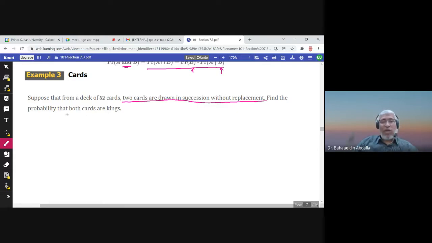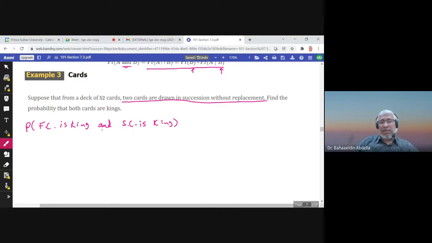So both cards are kings means what? Means king at the first. Okay, the first card is king, and, or intersection, second card is also king.